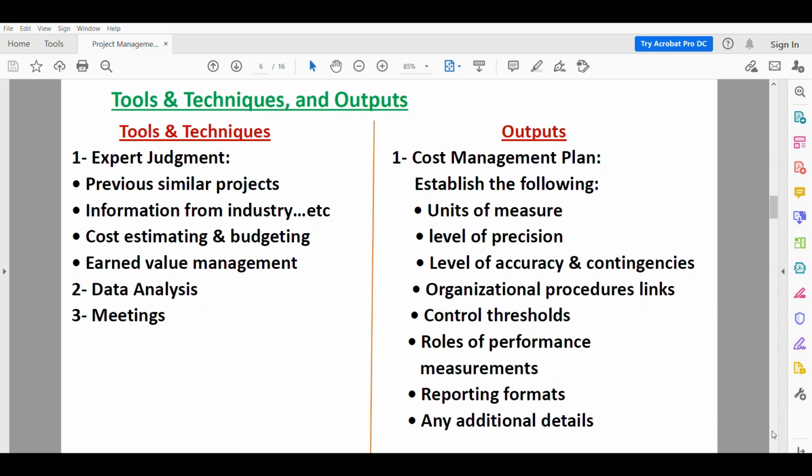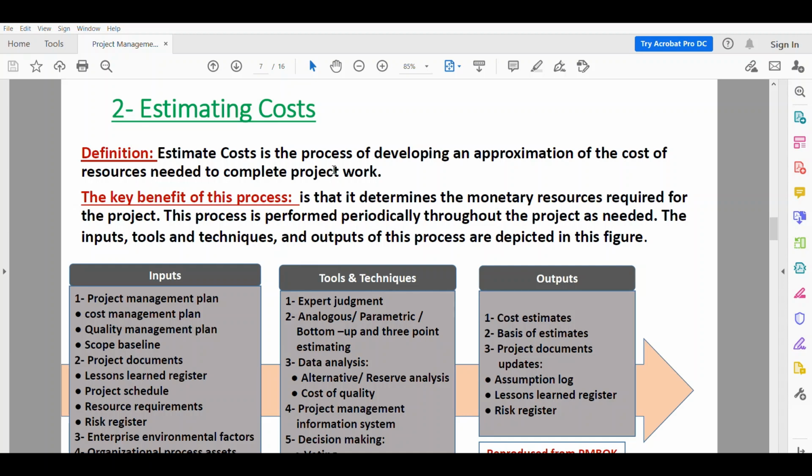The second process is, once we establish the cost management plan, now we estimate the cost. The definition of this process is developing an approximation of the cost of the resources needed to complete the project work.